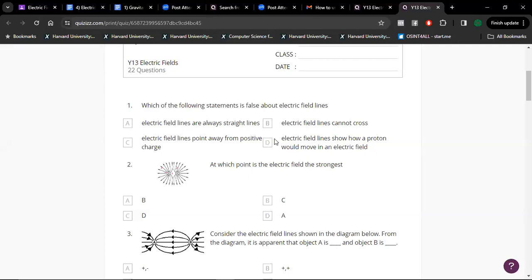So what did we cover today? We know electric field lines can cross, so that's true. Electric field lines show how a proton would move in an electric field. We know this is true as well, because the key word in this question is electric field, and to have an electric field there need to be two charged particles.